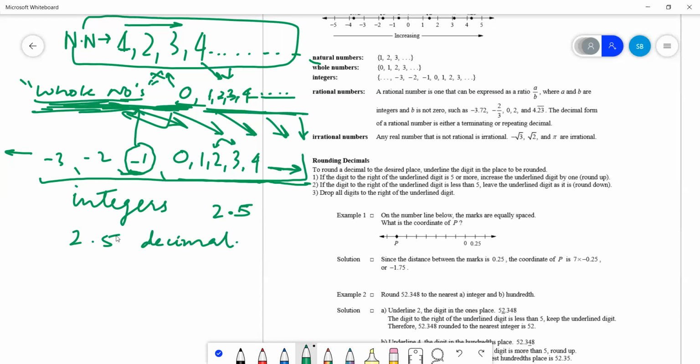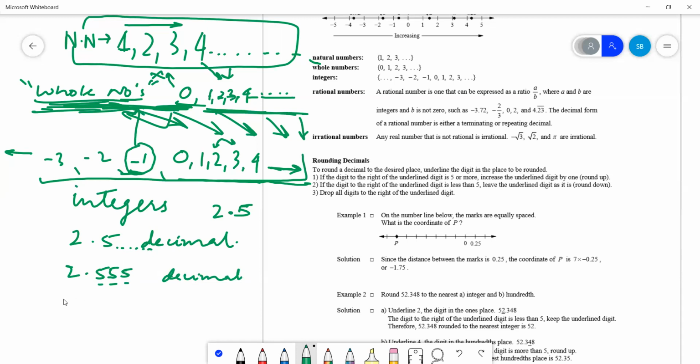It is a decimal that stops after 5. There's nothing else after 5. We can have one more decimal, 2.555. After the decimal point there are 3 numbers, 5, 5, and 5. It is also a decimal.